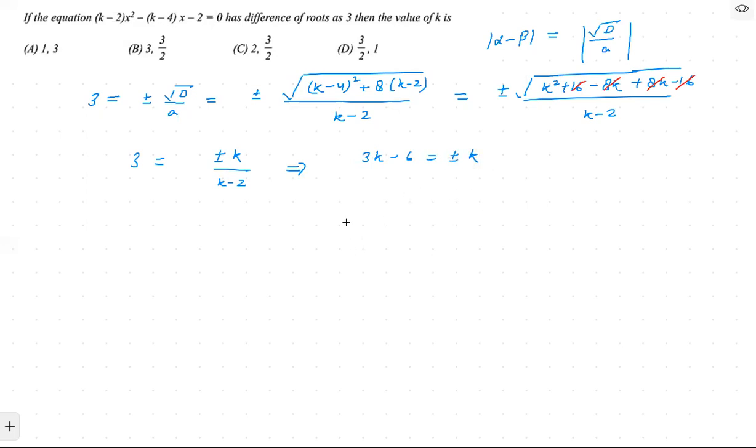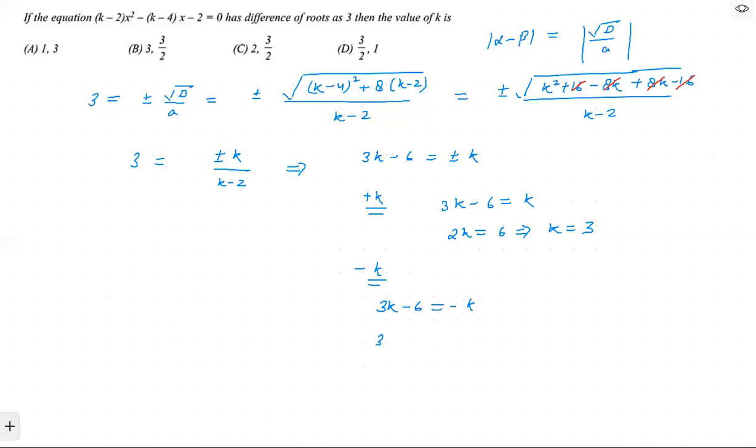So you can take two cases. Yes, we have two answers in the options also. Let us take plus k. So we'll have 3k minus 6 equals k. So here we are having 2k equals 6, which simply implies that k equals 3. When we take minus k, we have 3k minus 6 equals minus k.